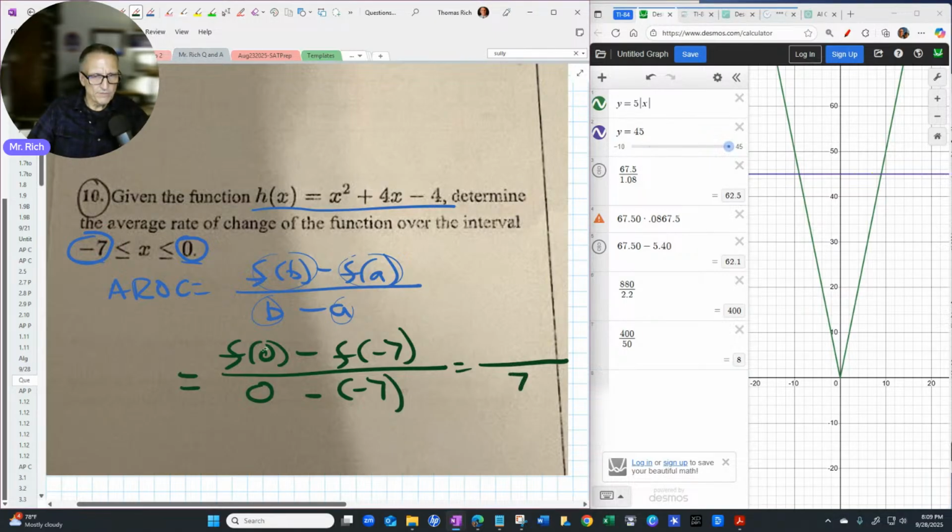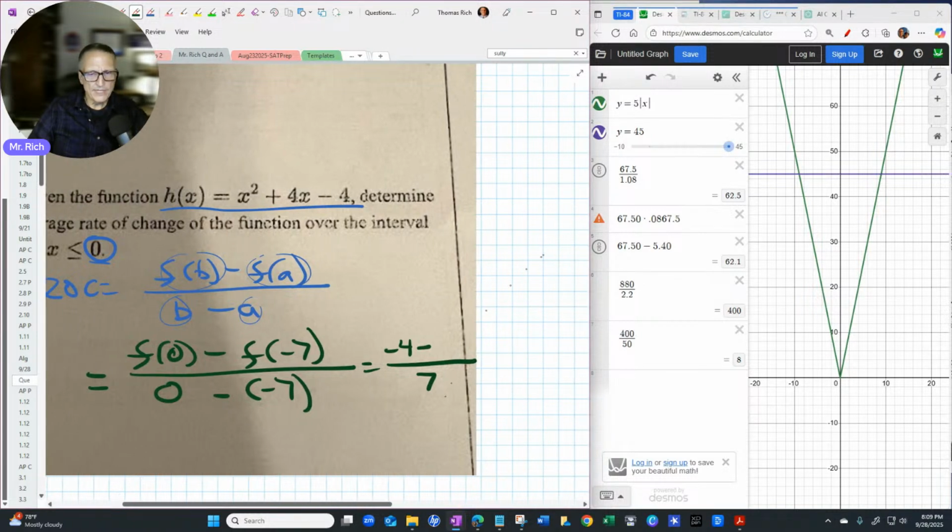We do have to go into the function and evaluate f of 0. That's going to be a -4, since 0 squared plus 4 times 0 minus 4 gives me a -4. Then we're subtracting f of -7. -7 squared would be a +49. 4 times -7 gives me a -28, and then there's a -4.